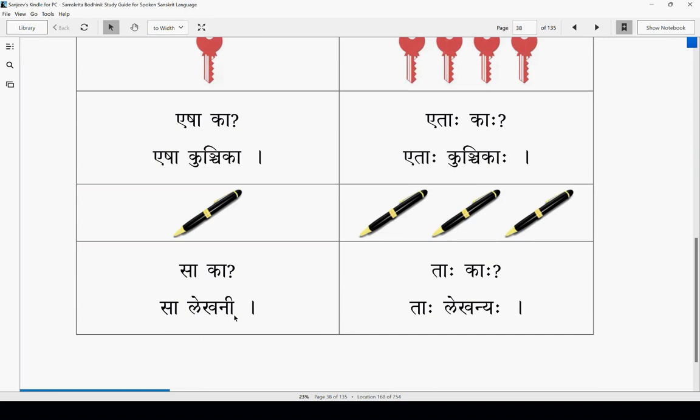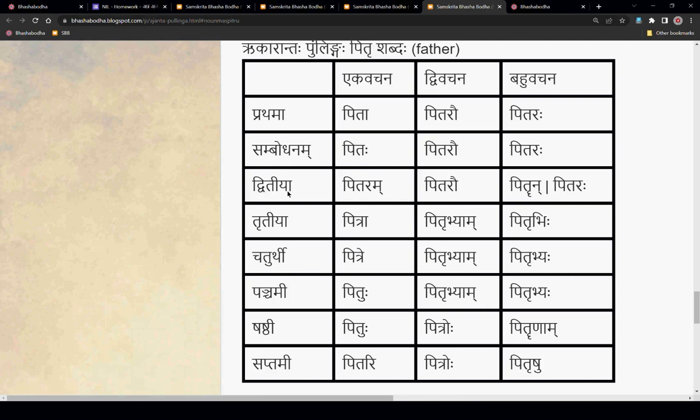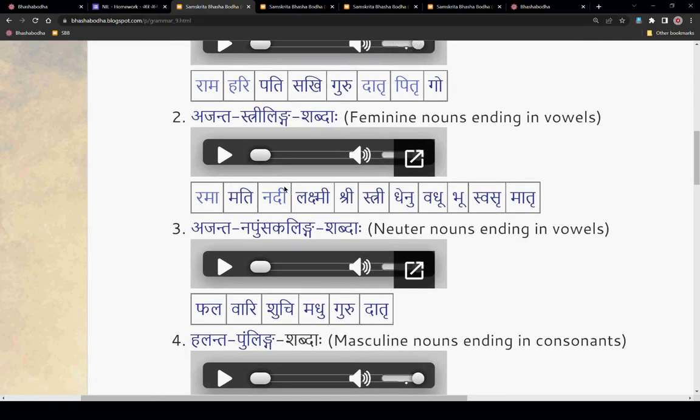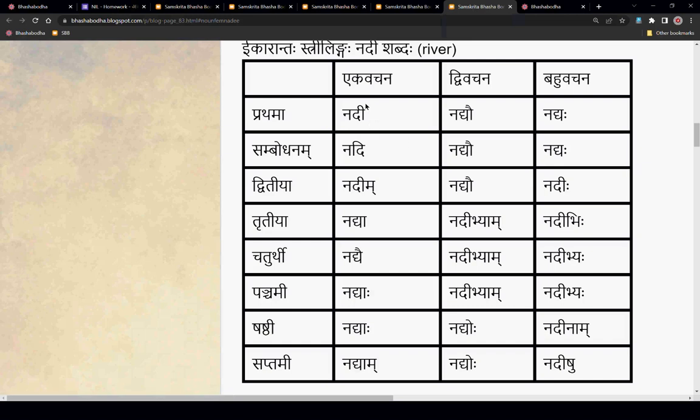But when I say dirgha ikaranta padam, we are not referring to this prathama vibhakti. We are referring to the base word, which is called pratipadikam. So, if you look at this again, here the Nadi, this is the base word. Dirgha I is the base for this Nadi. Though in the prathama vibhakti, its base form and the prathama vibhakti form are the same.